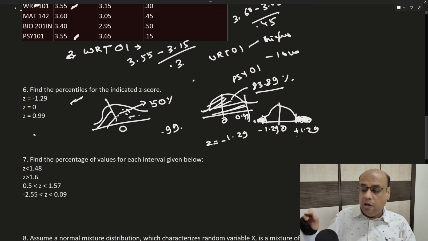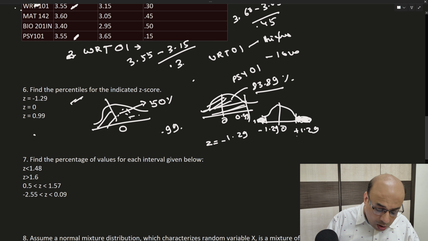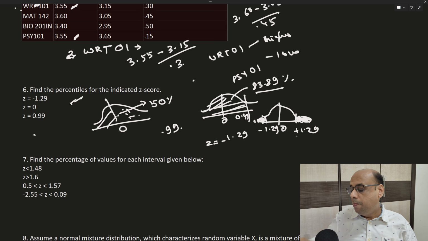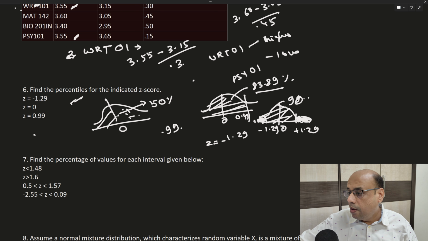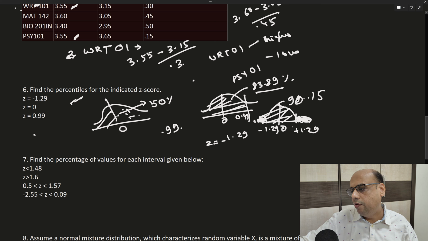So here, if we look at 1.29, 1.29 is how much? 1.29 is 90.15, right? Which means this entire area is 90.15, the area to the left of this.